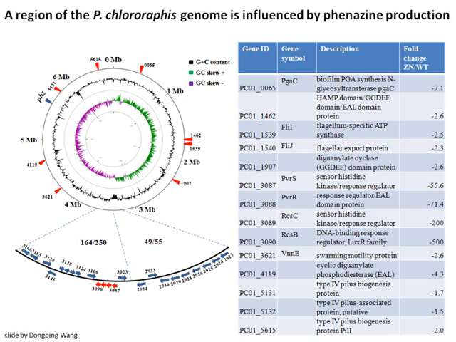So it appeared to be regulated or influenced by phenazines. This region also has characteristics of genomic islands: it has a different GC content, and it has integrases and transposable elements.